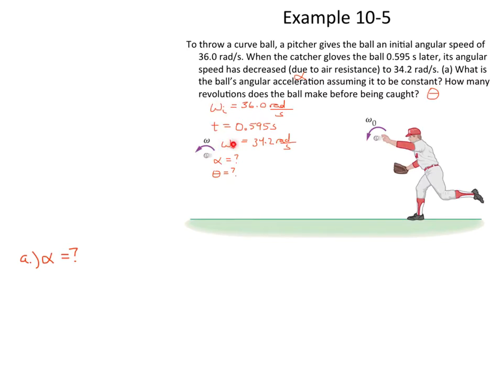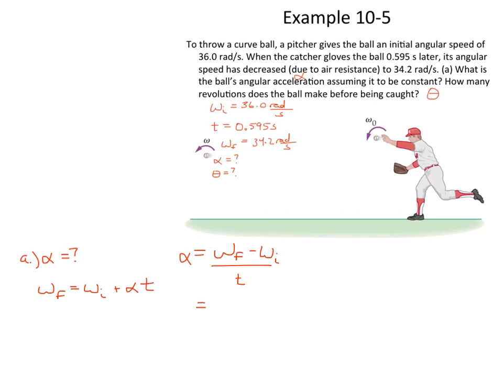Final angular velocity equals initial angular velocity plus angular acceleration times time. So let's turn that around and solve for our angular acceleration. Angular acceleration is angular velocity final minus angular velocity initial, divided by time.